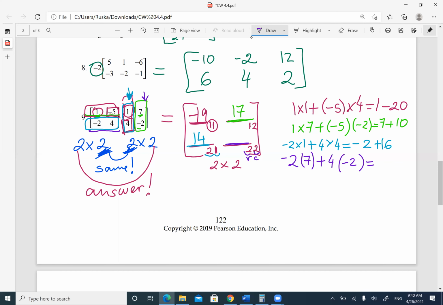And that's going to be negative 14 minus 8, which is negative 22. Okay, so that's how you do it. So my answer matrix when I multiply those two is going to be negative 19, 17, 14, negative 22.